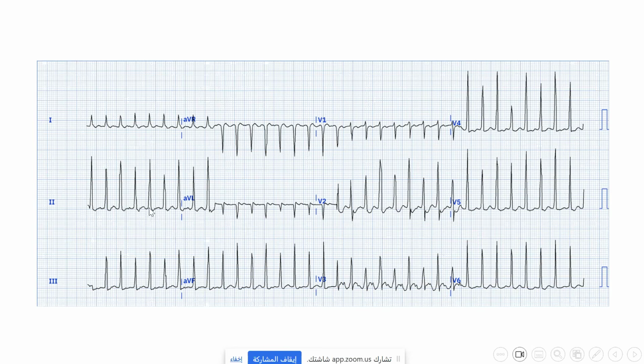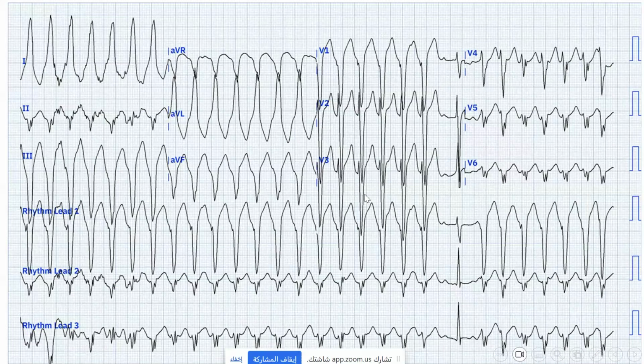So, short RP tachycardia. Our differential diagnosis could be typical AVNRT, AVRT, or atrial tachycardia. But I know this patient, we did ablation for her. This is typical AVNRT. So this is regarding this ECG.